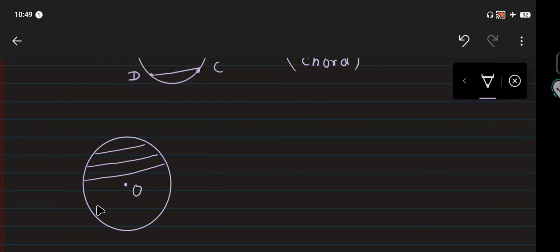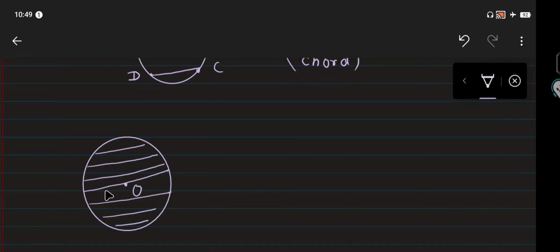And if you move away, the length of the chord will decrease. So the longest chord that we can have in a circle will be the one which is passing through the center O.